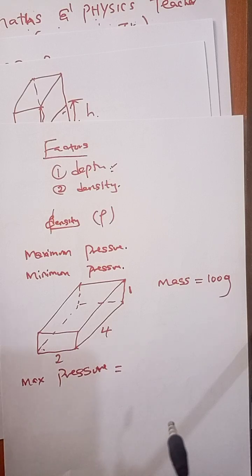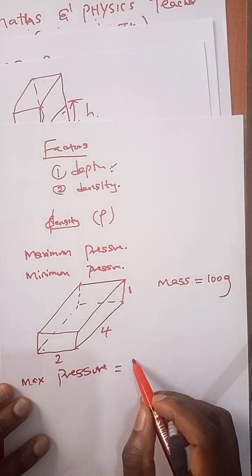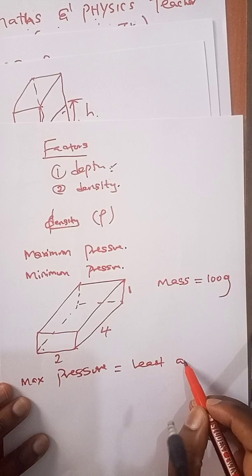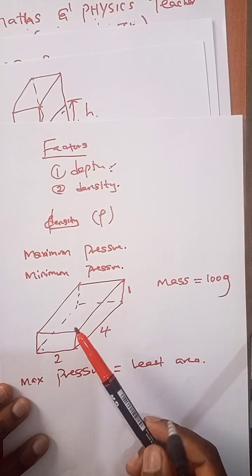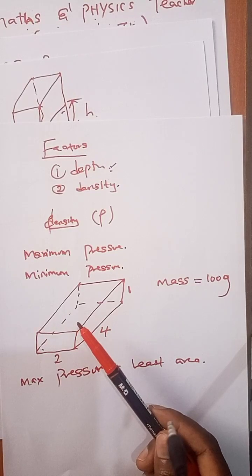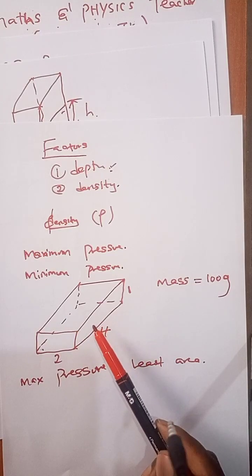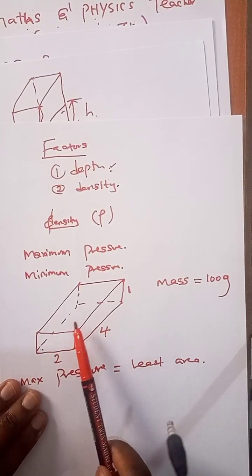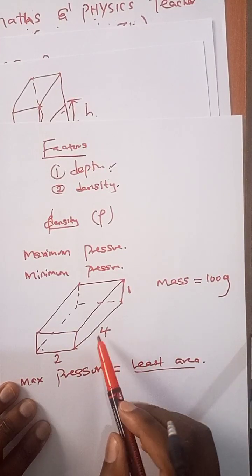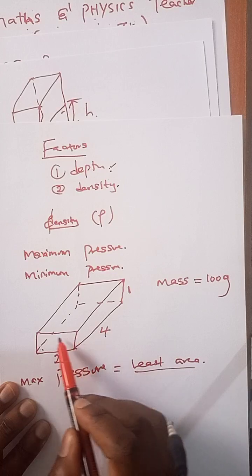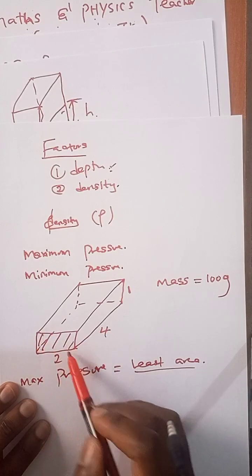So when we talk of maximum pressure, we go for the least area. In which way can we put this cuboid such that it has the least area? It is when the dimensions are small and it is on this side.